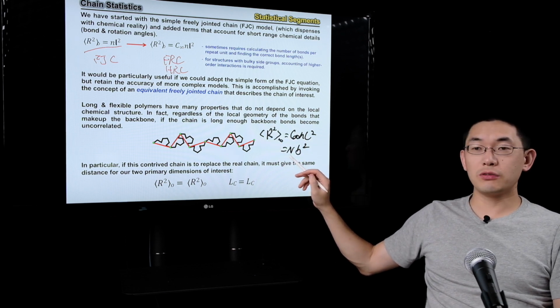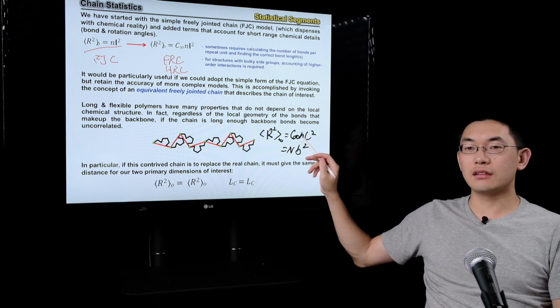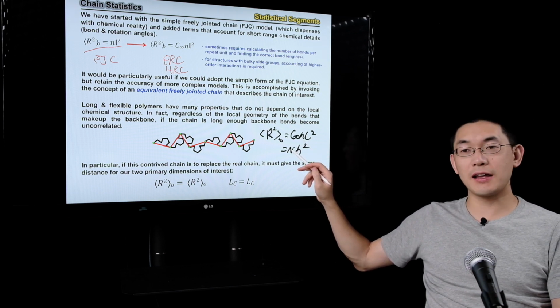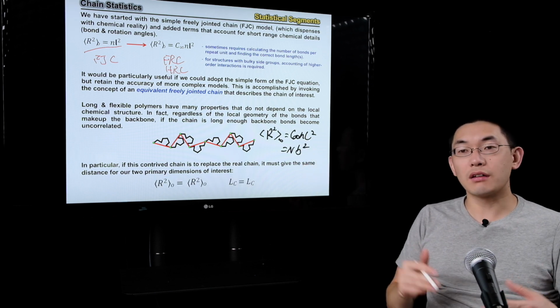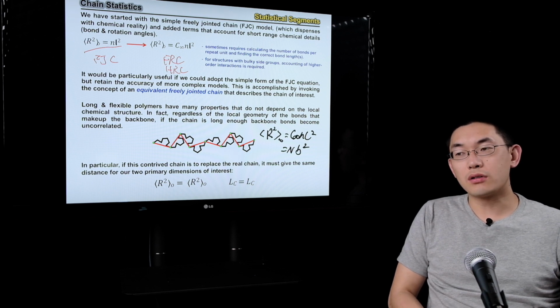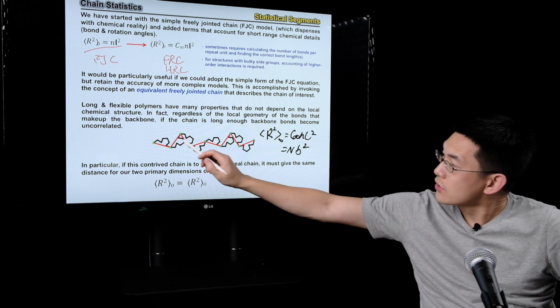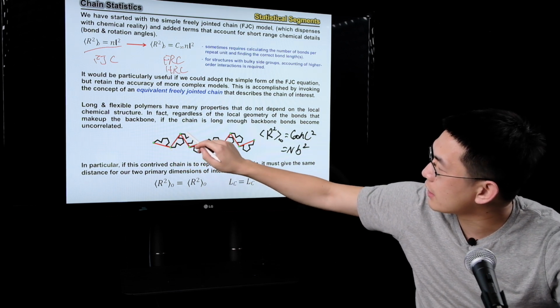Number of repeating units, please be careful: this n and this capitalized N are different. The definition of the first n is the number of bonds along the backbone, and l is the bond length.